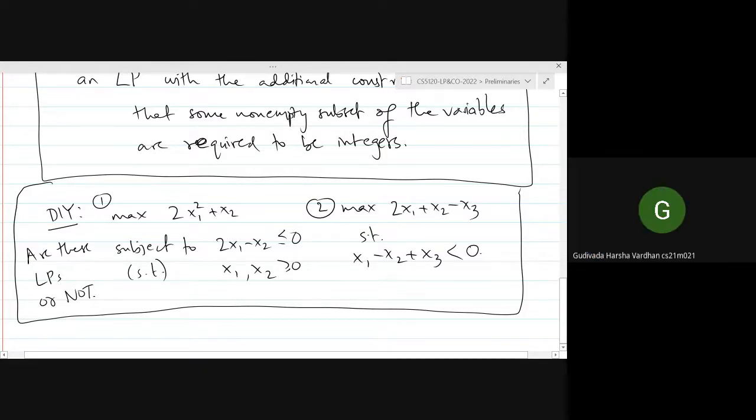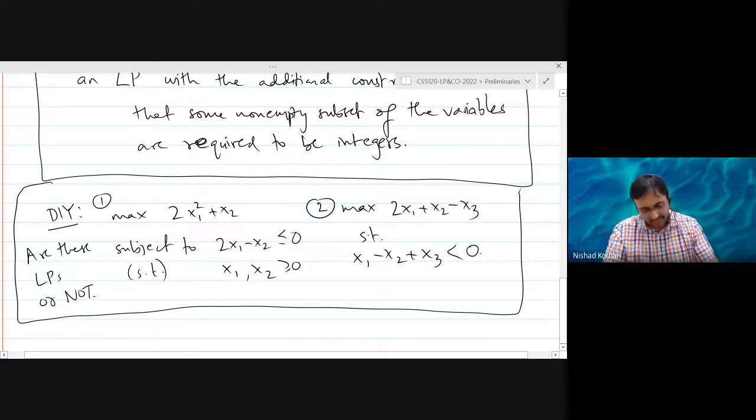And why are we focused on these linear functions? Is it because the algorithms that were found are more suitable for linear functions, or if the function is not linear? Right. Okay.